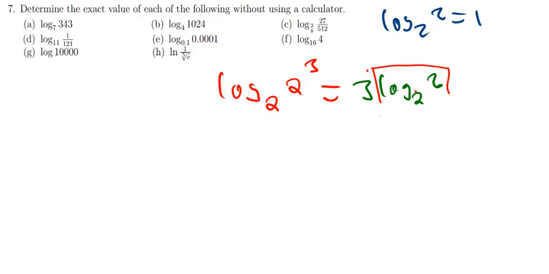What's the answer, Esther? Log base 2 of 2. So what's the answer for log base 2 of 2? 1. So that's why we say this is 3 times 1, which is 3. You have seen?